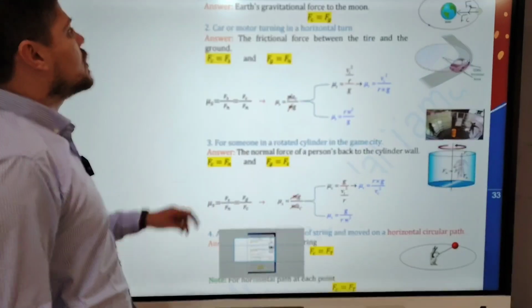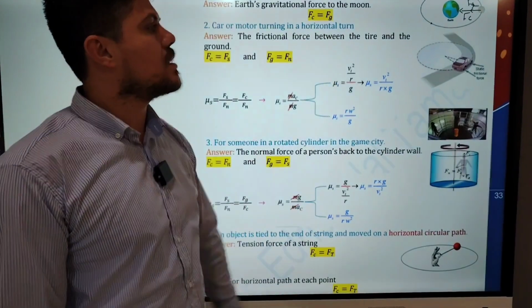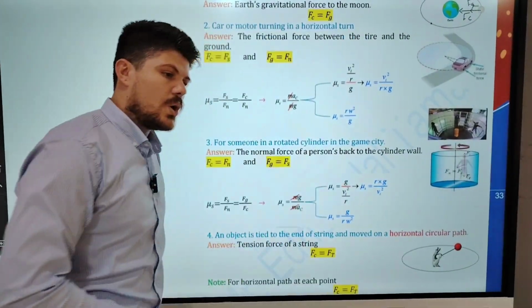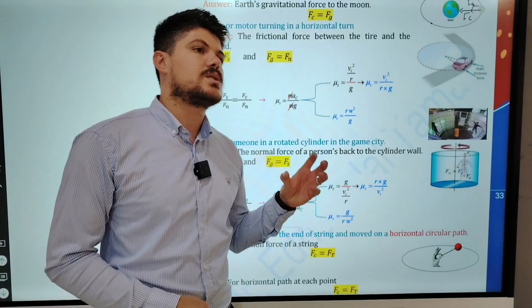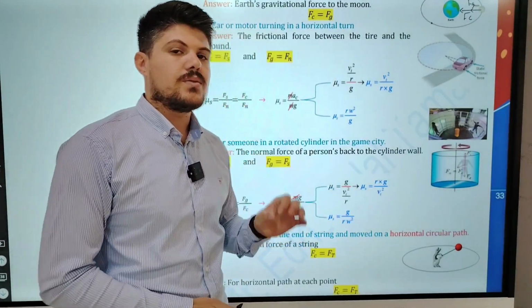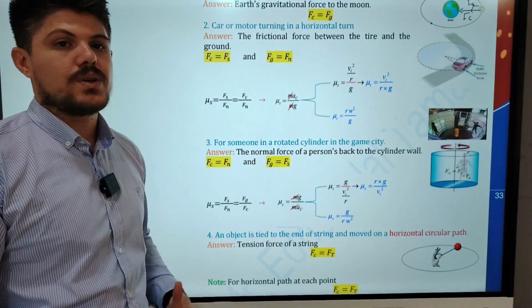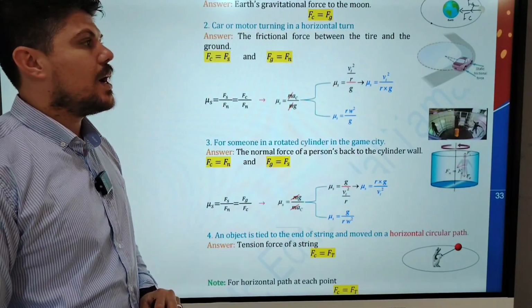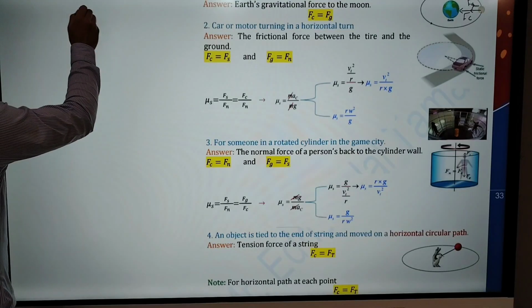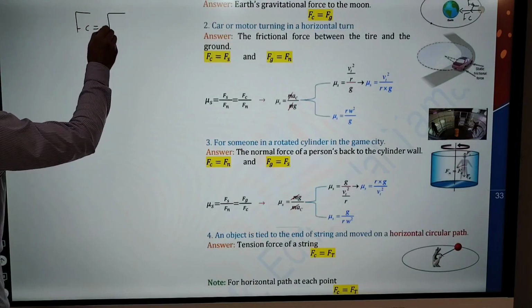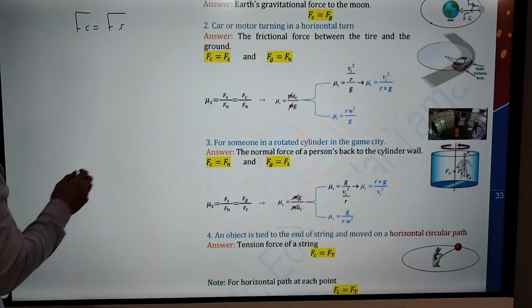Second example, a car or motor turning in a horizontal turn. When a car or motor turns in a circular path, what provides the centripetal force? The static frictional force between the tire and the road. So in that case, Fc is equal to Fs.